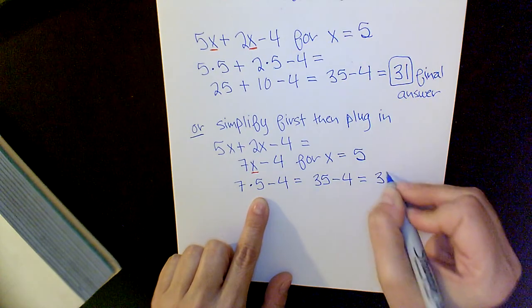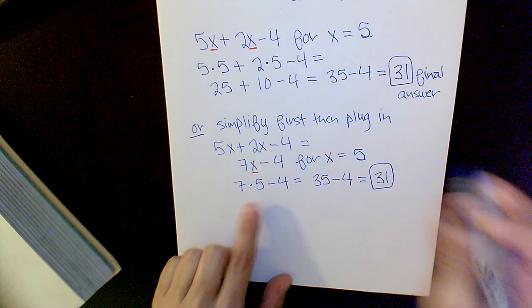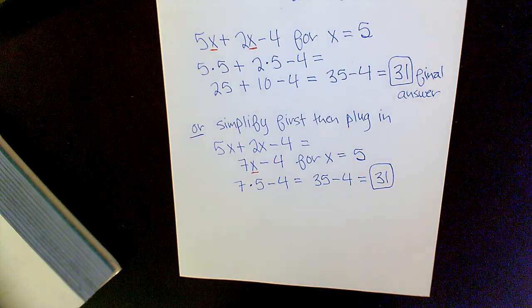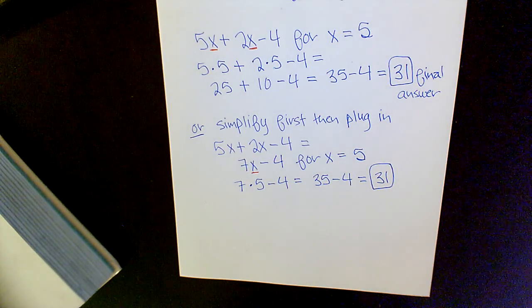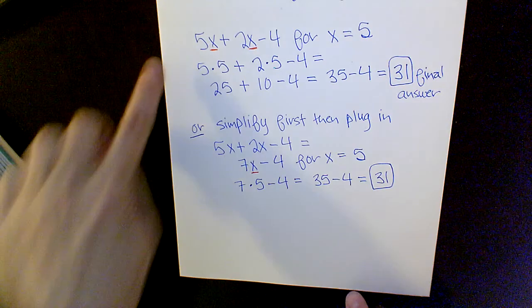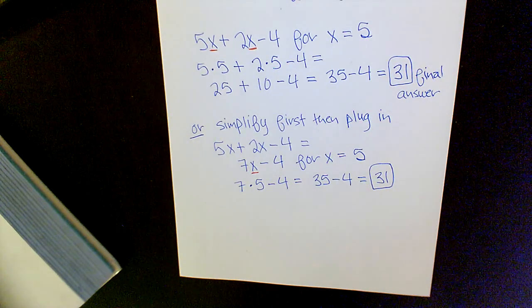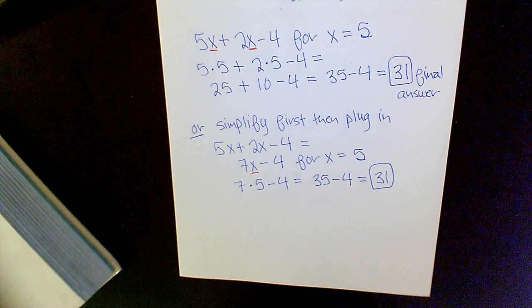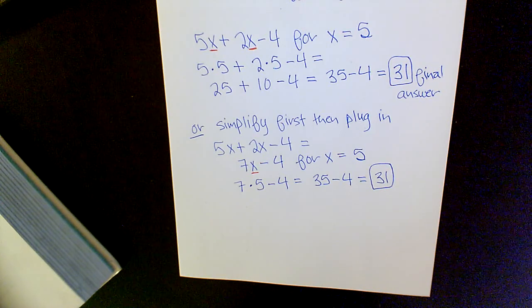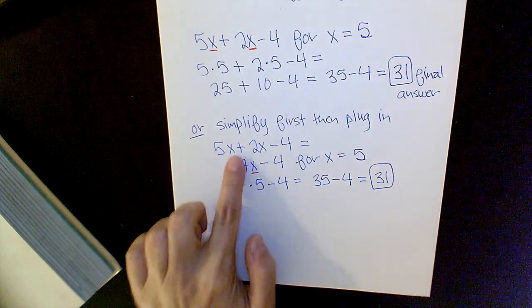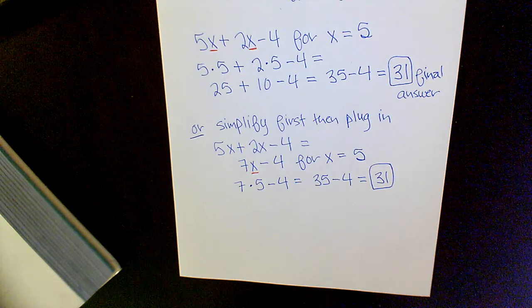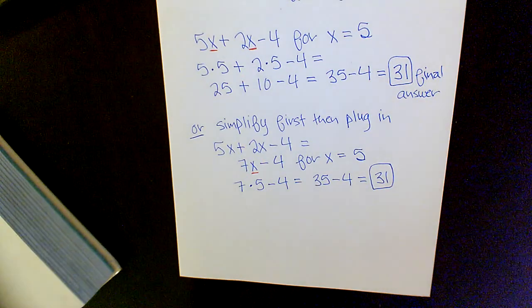So we're getting the same answer, as you can see. So you might like the second way better. If you do, use that method, or you might like just plugging in the 5 first. Do whatever you feel more comfortable with. It doesn't matter, it's going to all work out in the end.